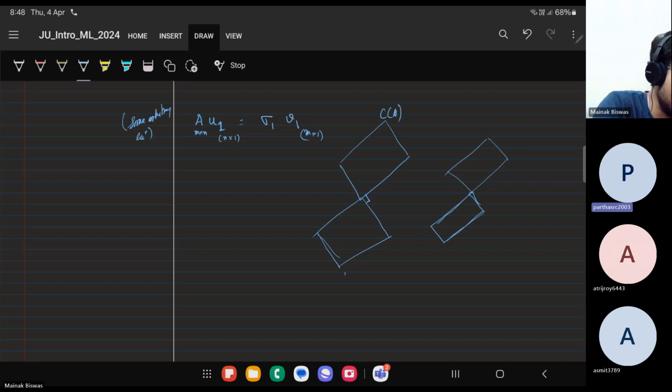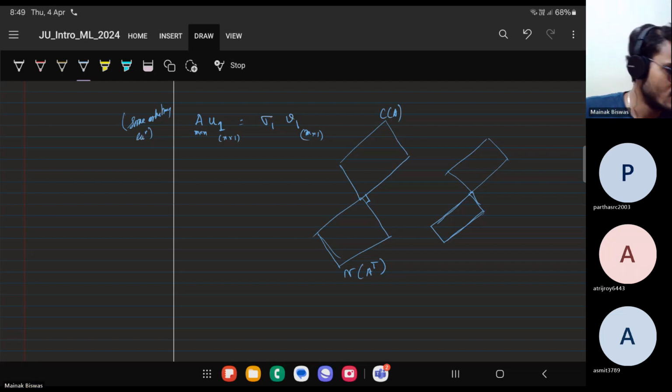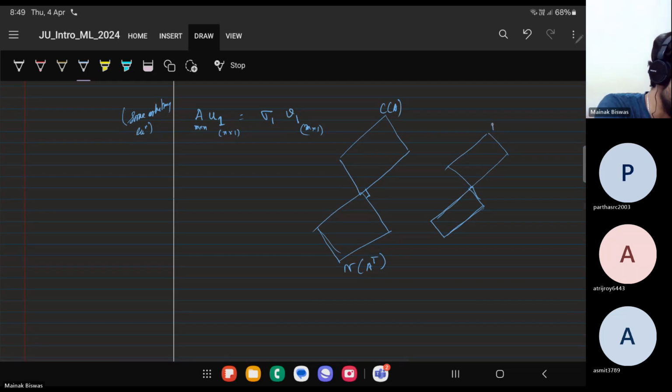The null space of A transpose. We saw that the column space of A and the null space of A can have common elements. Row space of A and null space of A.